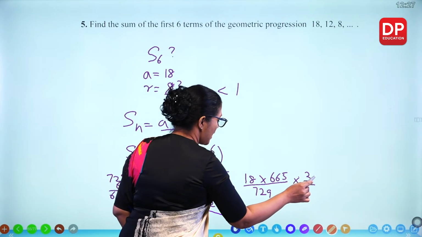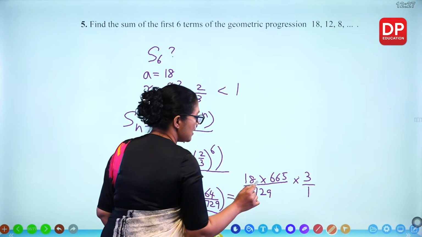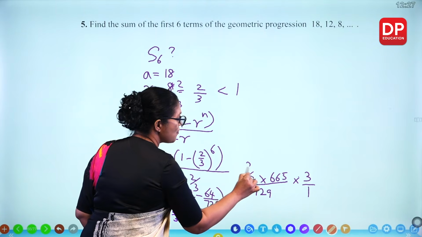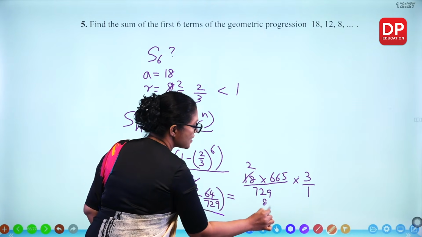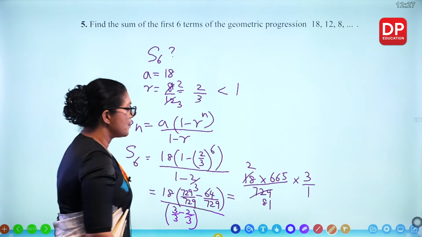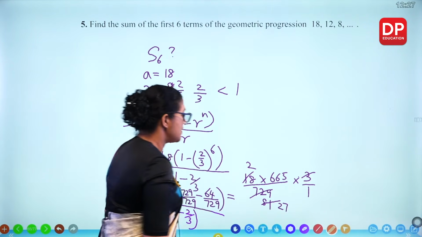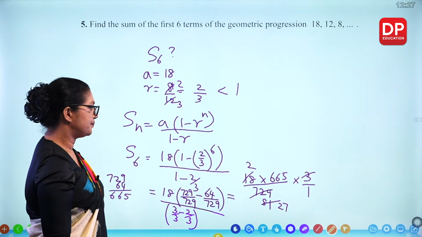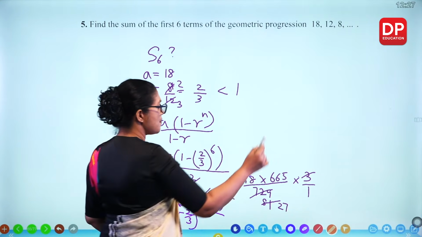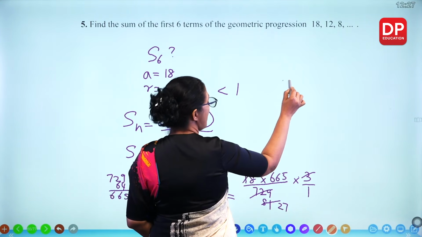729 I can divide by 9. 9 times 2, 9 times 81. 3 and 81, I can divide this by 81, that's 27. So 2 times 665.